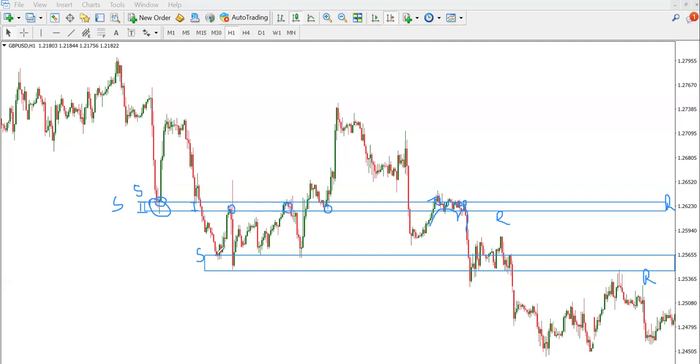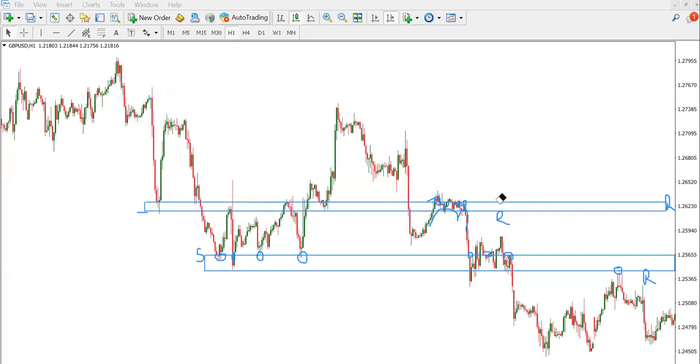So if we count here, 1, 2, 3, 4, 5, 6, 7, 8. So price has reacted once it reaches this zone around 8 times, which makes it a strong support and resistance level, which makes it hold more significance.